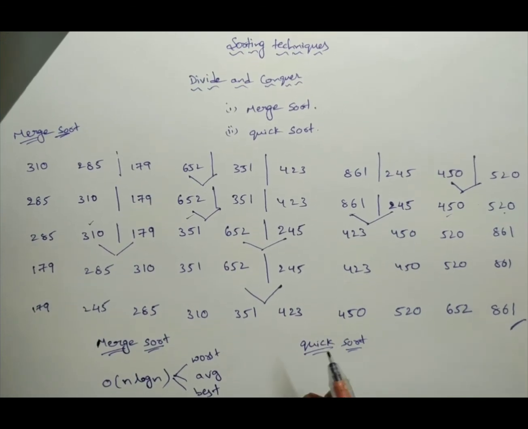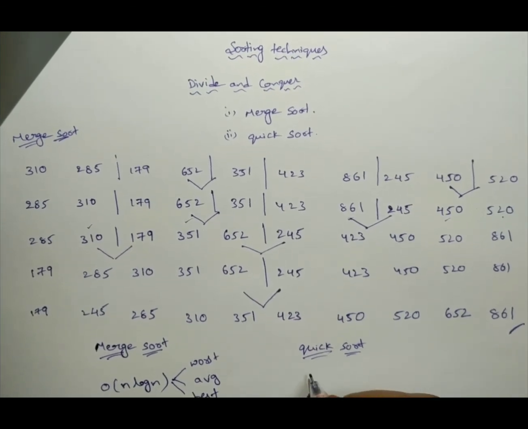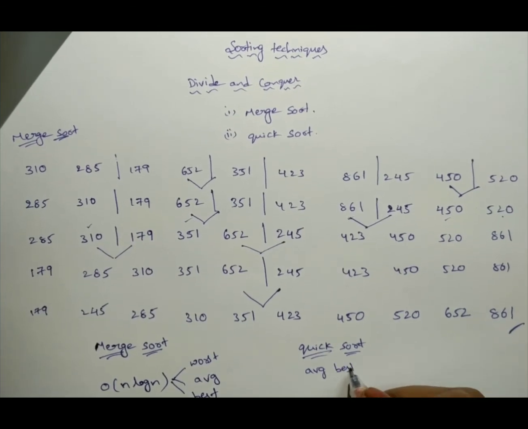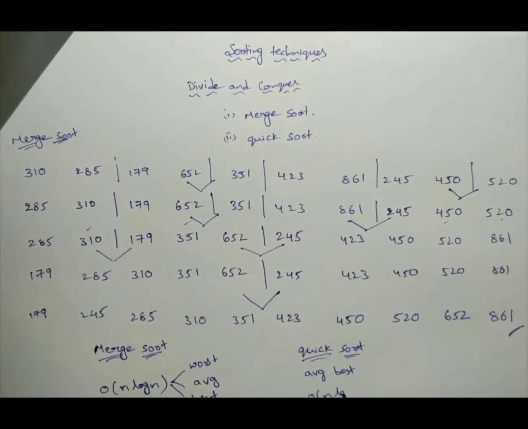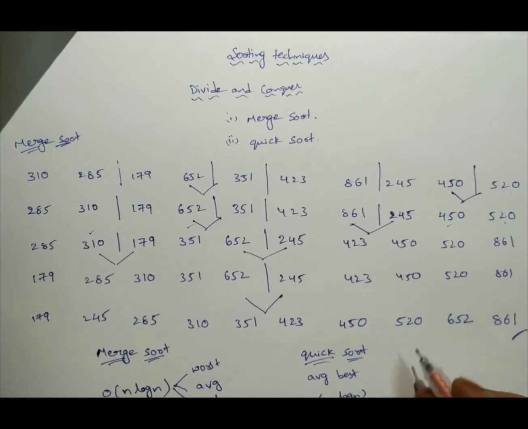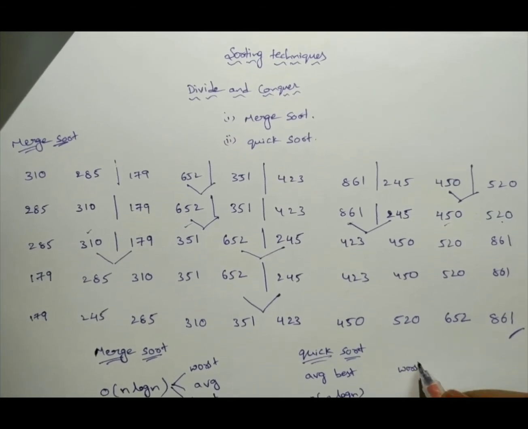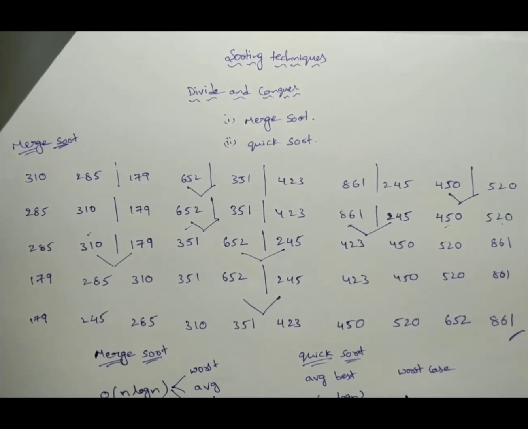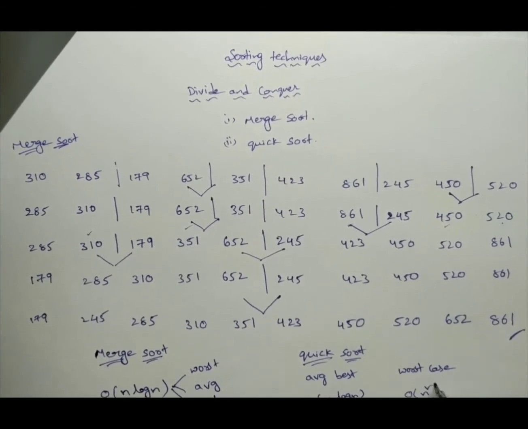In this quicksorting technique, the time complexity in the average case and the best case will be order of n log n, but it will change when it comes to the worst case. The worst case time complexity of quicksort is order of n square. Why?